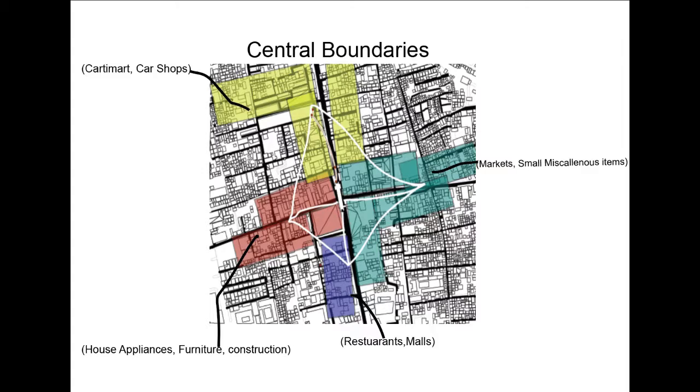One is the furniture shops in the west, the markets in the east, the restaurants and malls in the south, and the north being car shops and Cartamart. It may be divided with different edges of the houses, seen using building alleys, like the yellow signs I put on the next page.